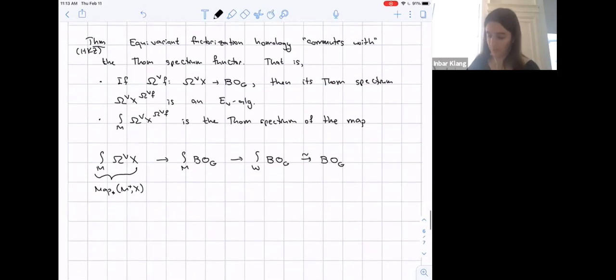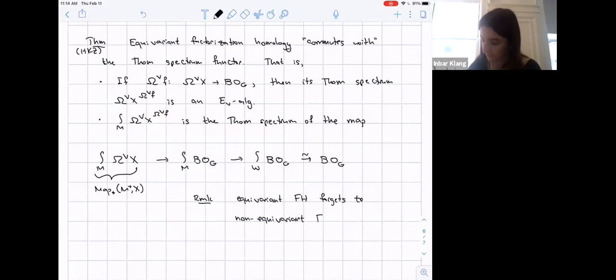So maybe a remark. Non-equivariantly, equivariant factorization homology forgets to non-equivariant factorization homology.